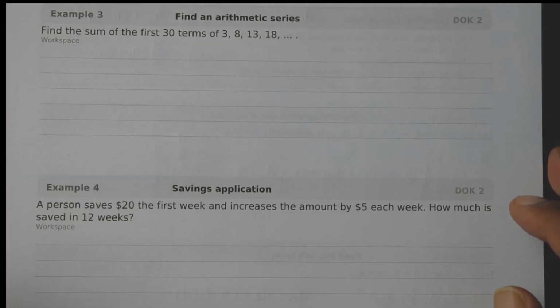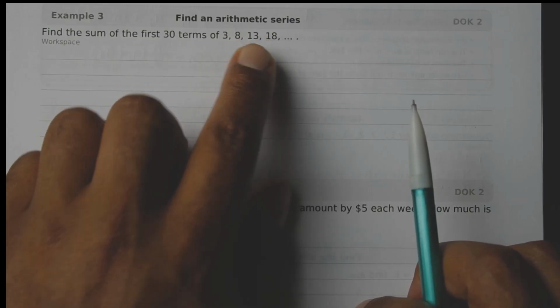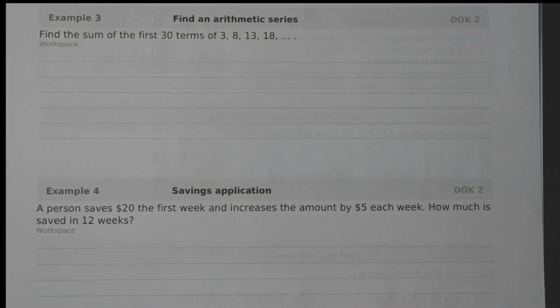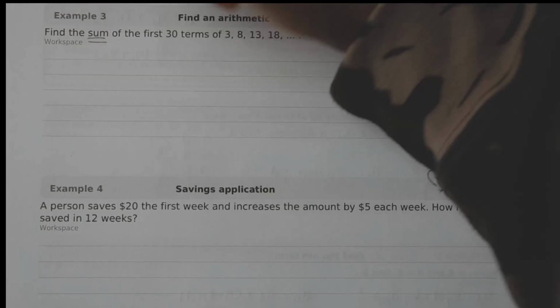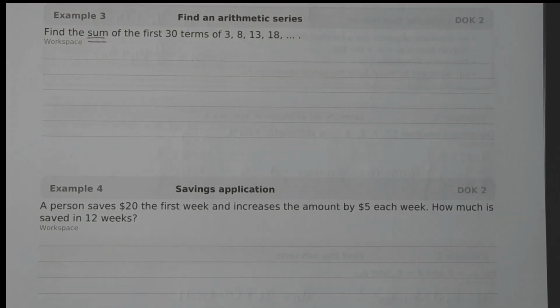Example number 3 says that we need to find the sum of the first 30 terms of 3, 8, 13, and 18. So we are being asked to find the sum, so we need to use the arithmetic series formula.